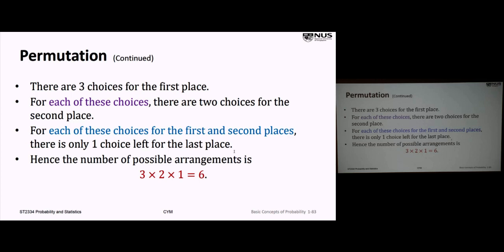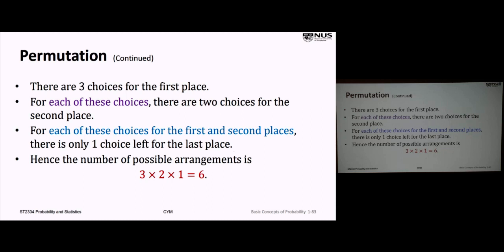How do I know it was 6? It wasn't magic. There's a formula for that. So there are 3 choices. How do I know that there are 6 possible outcomes? Well, it follows from the multiplication principle. My first experiment is I can choose any of A, B, or C, so I have 3 choices.